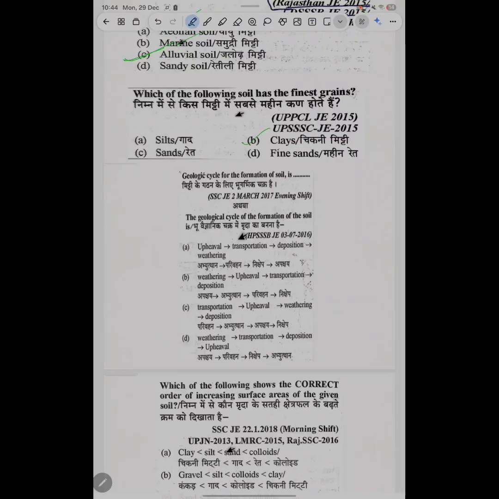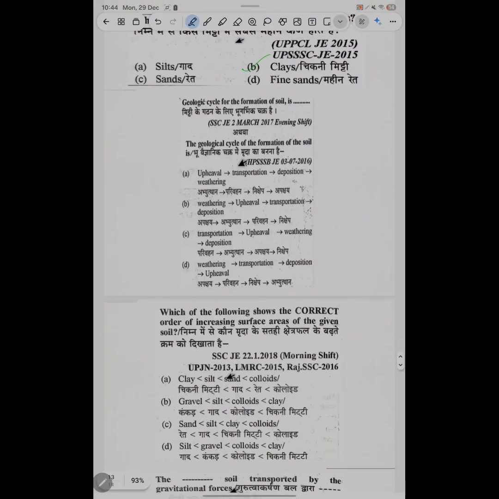Next, the geological cycle of the formation of soil. Here it includes different steps. First, the rocks get weathered. Then sometimes it gets transported to a new location. There it gets deposited, then upheaval.